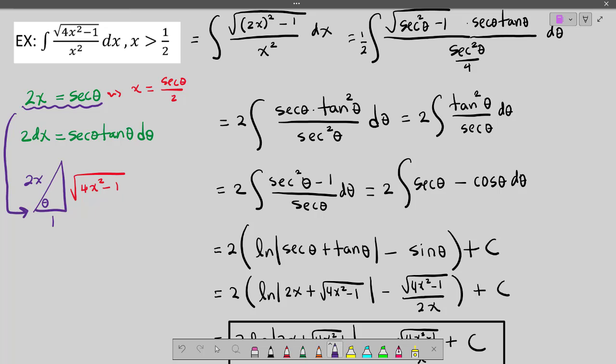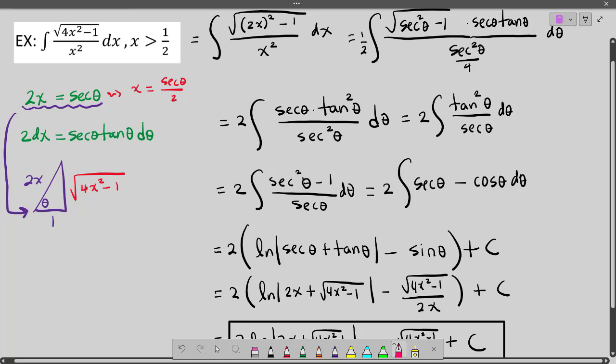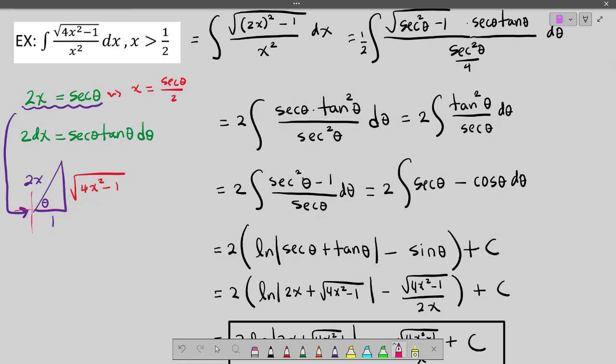We always think of this triangle as if it's in quadrant 1, as a standard angle in quadrant 1. Secant is the hypotenuse divided by the adjacent side. And there are lots of ways to create hypotenuse over adjacent that's equal to 2x.